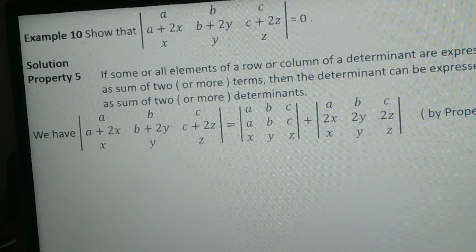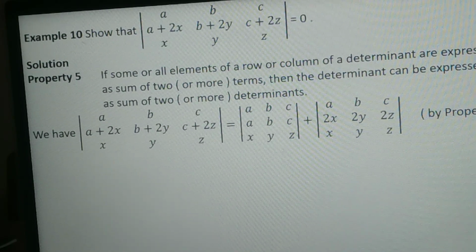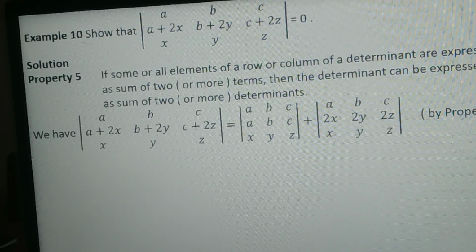So we have determinant a, b, c, a plus 2x, b plus 2y, c plus 2z, x, y, z can be written as determinant a, b, c, a, b, c, x, y, z plus determinant a, b, c, 2x, 2y, 2z, x, y, z by property 5.